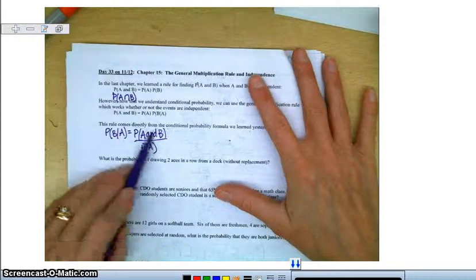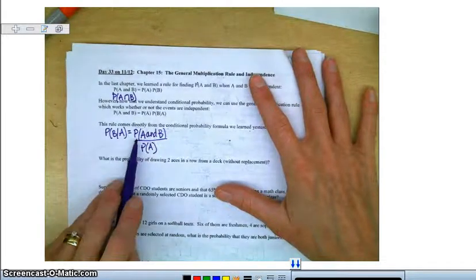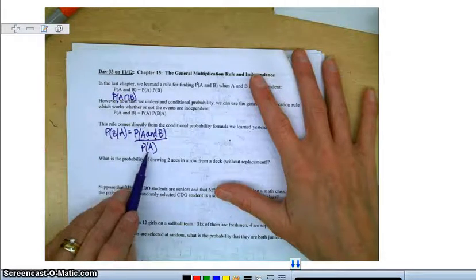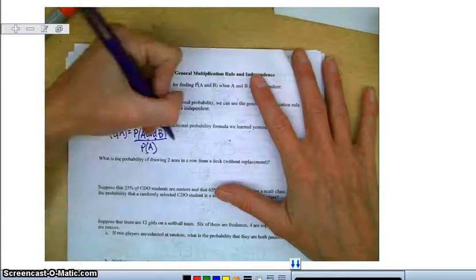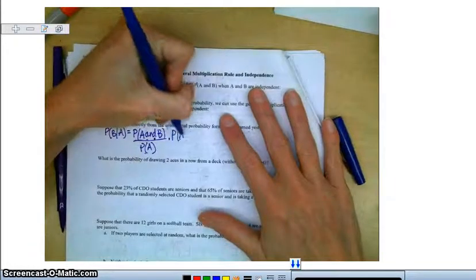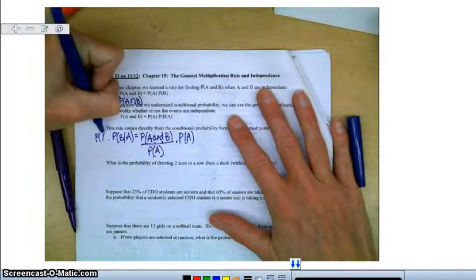So if you simply take this formula and rearrange it so the probability of A and B is by itself using rules from algebra, so to get rid of dividing by the probability of A, you multiply both sides of this equation by the probability of event A happening.